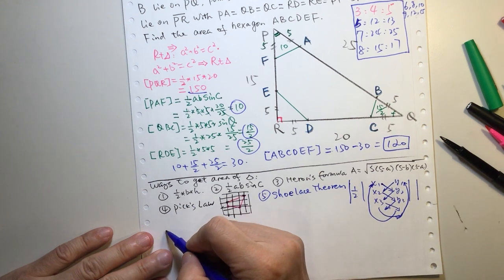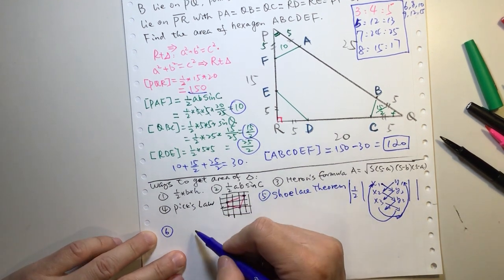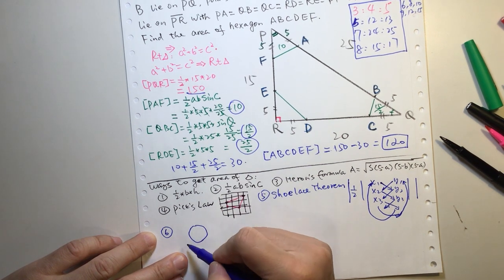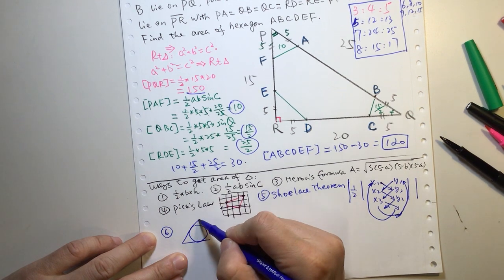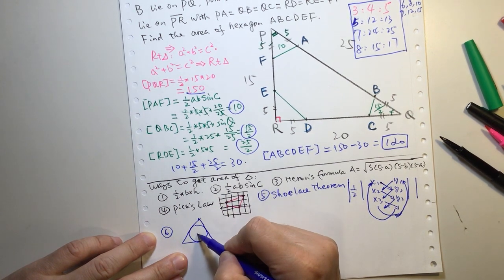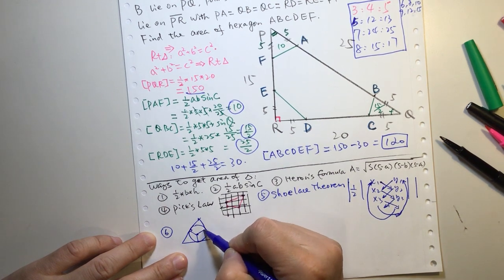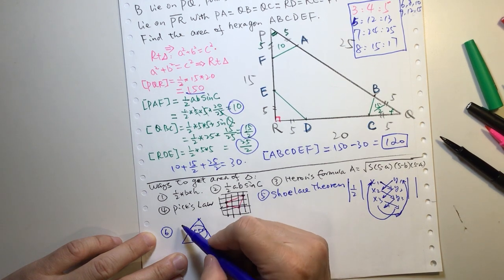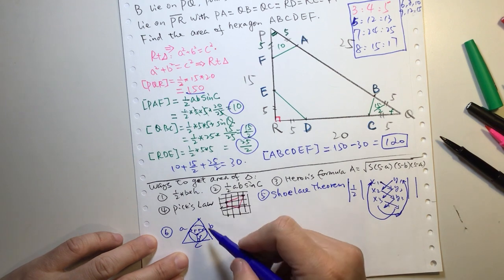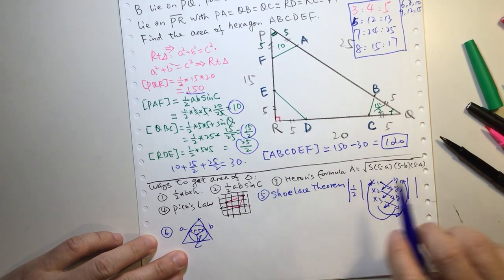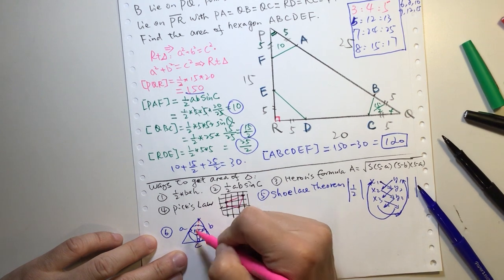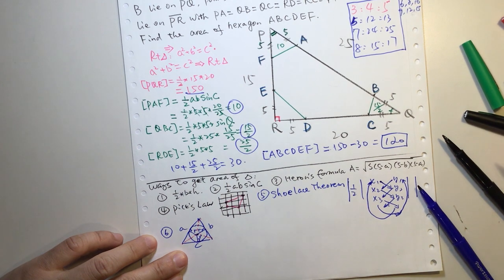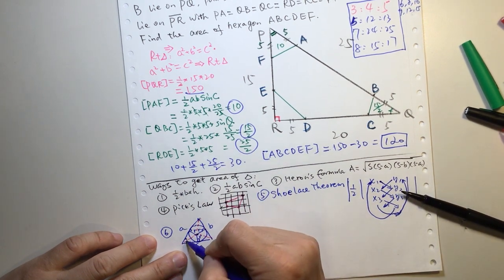Next way, sometimes we can use this way. If we know here is an inscribed circle of a triangle, this is the radius, right? The inscribed circle radius R, and if we know the sides are A, B, C, then the area of this triangle, if we connect these, these are angle bisectors.